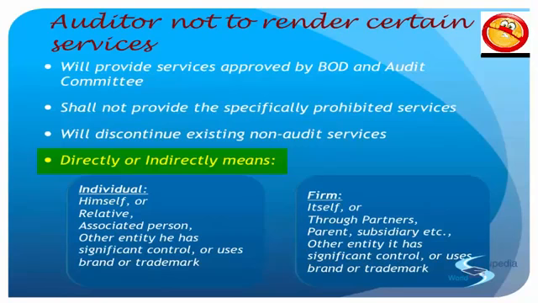The only thing you need to remember is that in the case of an individual, we are connecting them only to that individual. But in the case of a firm, we are connecting them not only with the firm but also with any of the partners of the firm. Getting it? Things clear? Right? So that is about this section.